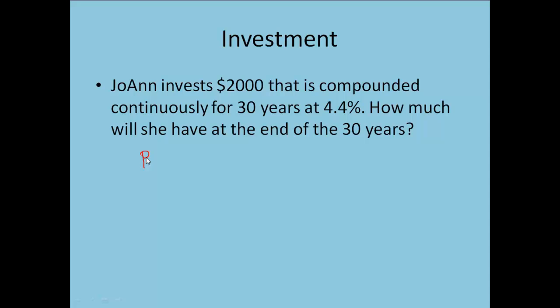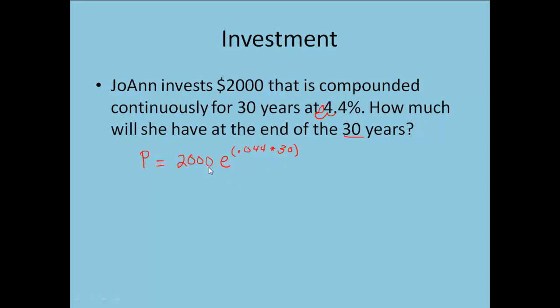Well, if we set up our formula, I have to take my initial investment, which is $2,000, and multiply that by e raised to the rt. Make sure you change the 4.4 to a decimal, so it's 0.044 times my t, which is 30 years.